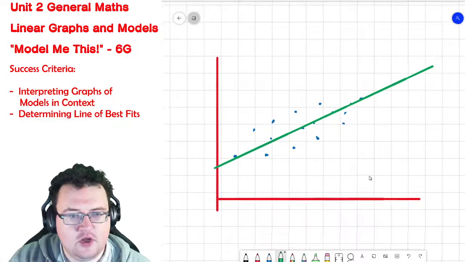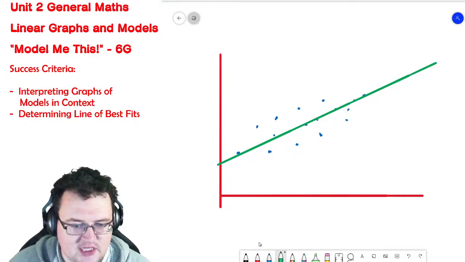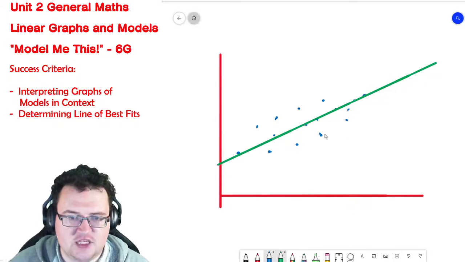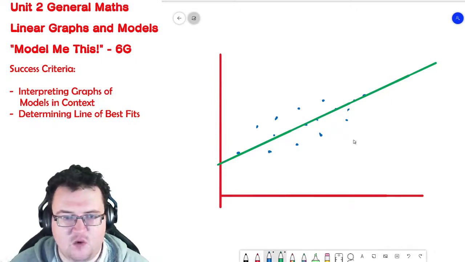And looking at the line that I've made, what do you notice about the rough distance of these points from the line and these points from the line? What do you notice about them in terms of how far away they are?